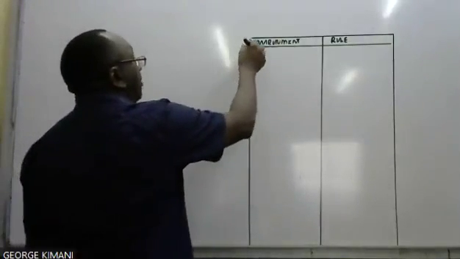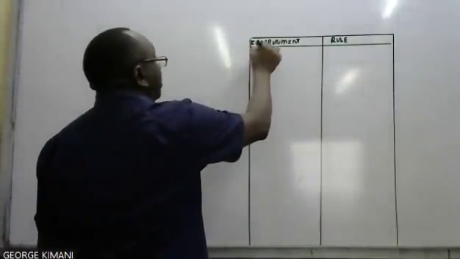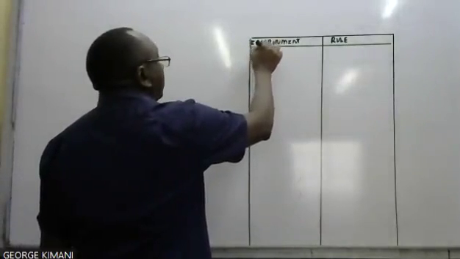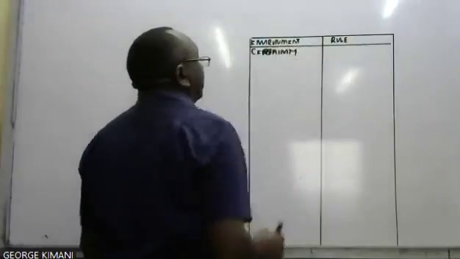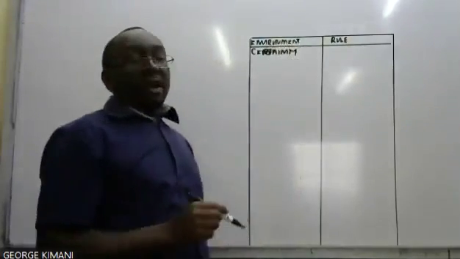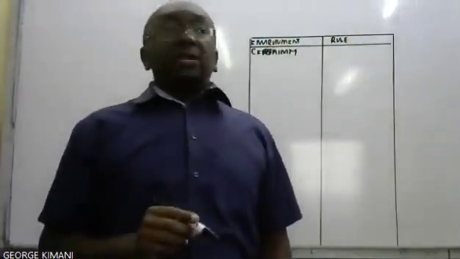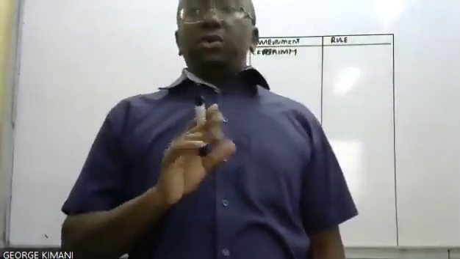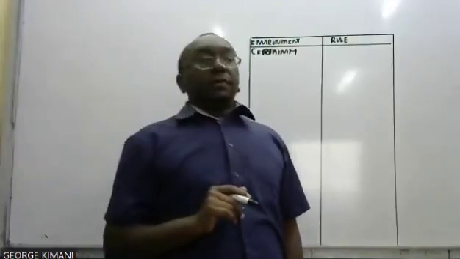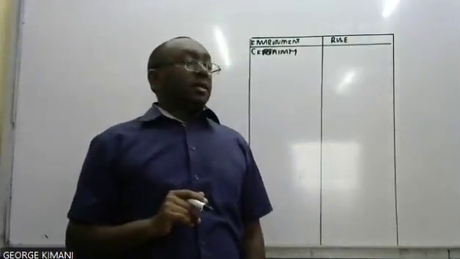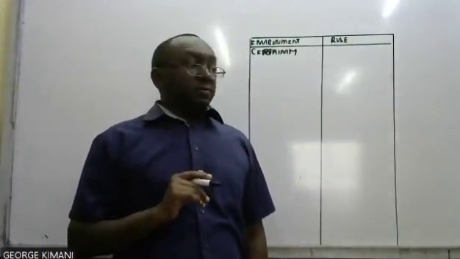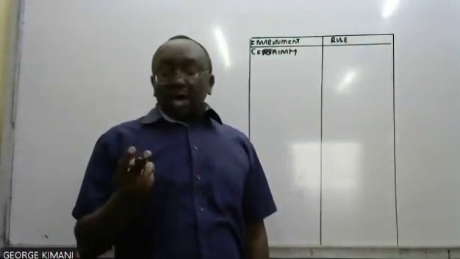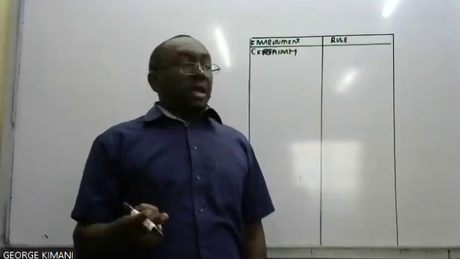Now we have 4 environments. The first environment is called the environment of certainty. The environment of certainty is where everything is well known. In this one, we don't actually have a choice. There is just one option and one outcome.